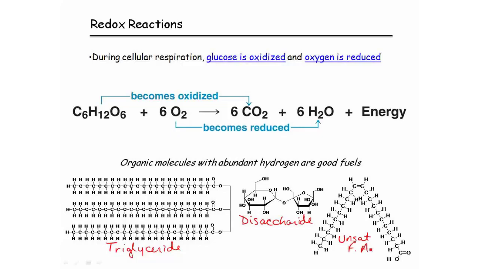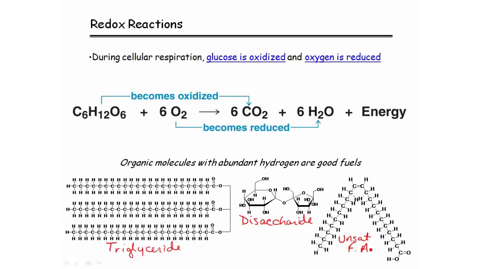Notice first off that they are all organic molecules, and in addition to that, there are a number of bonds that are carbons sharing electrons with hydrogens. If you consider that high energy electrons will be held between the carbon and the hydrogens, then the most valuable molecules energy-wise would be the ones that have more hydrogens packed onto them. So if you compare these, the triglyceride would certainly be more valuable than the disaccharide would be.